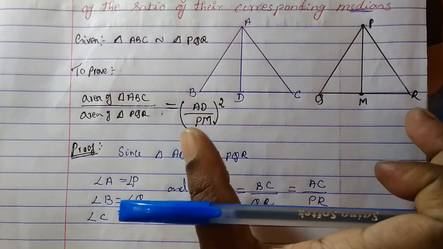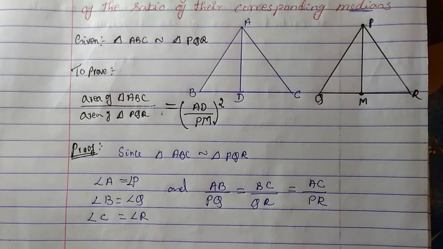When we say two triangles are similar, these are the things that will be equal.